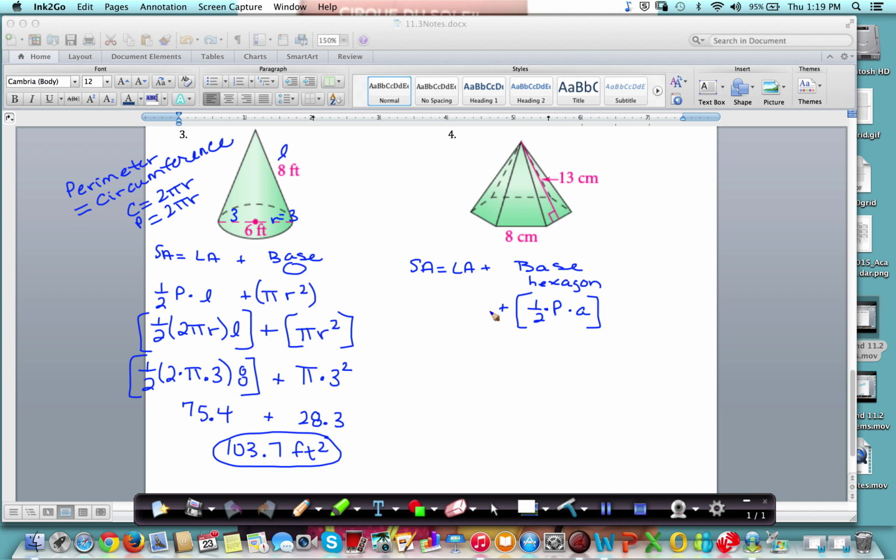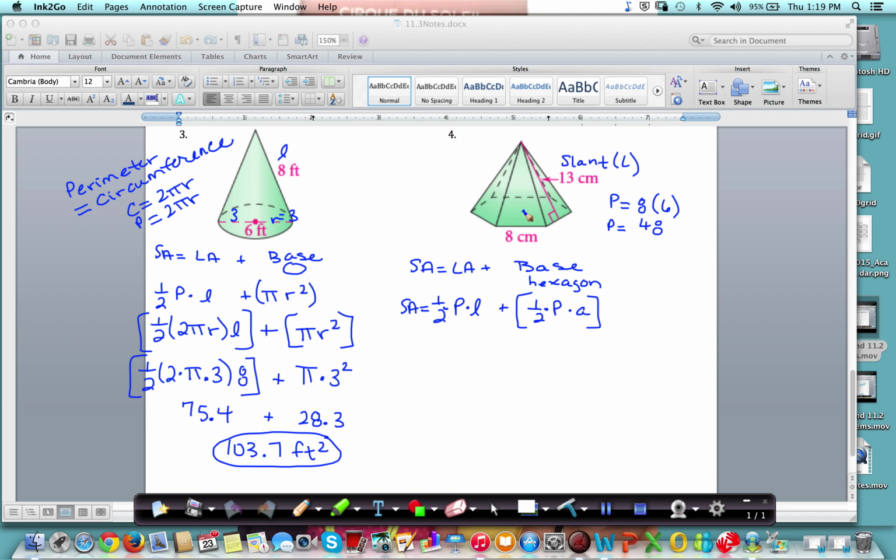And then the first part is my lateral area, which is 1/2 the perimeter times the slant. And we have the slant, so that's awesome. And I can get the perimeter, right? The perimeter is going to equal my side 8 times the fact that there are 6 sides. So my perimeter is 48. So I got that. Awesome. So I have perimeter, I have slant. The only thing I need is apothem.